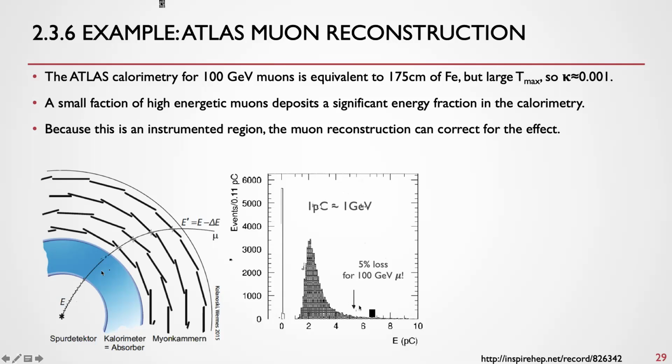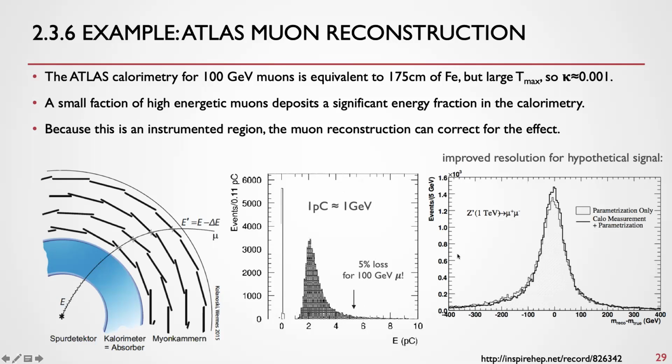Look at the distribution of the ionization of muons going through the calorimeter. We don't measure muons in the calorimeter. We measure muons in the tracking system, but we can look at the ionization loss in the calorimeter. Where the arrow points is 5 picocoulomb, 5 GeV. That's a 5% loss for a 100 GeV muon.